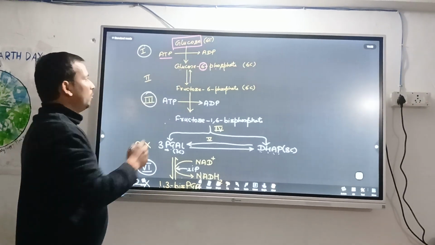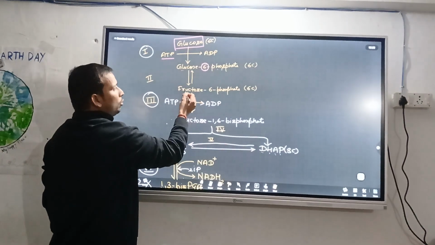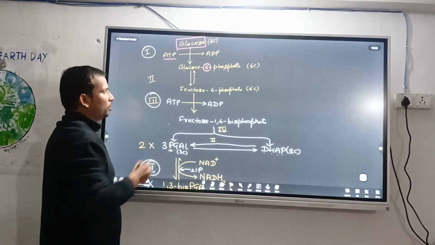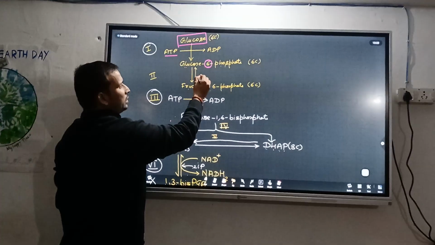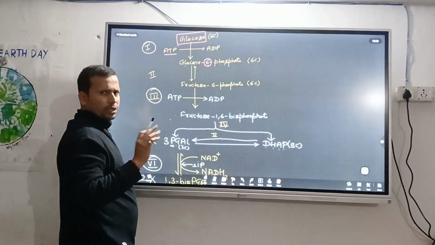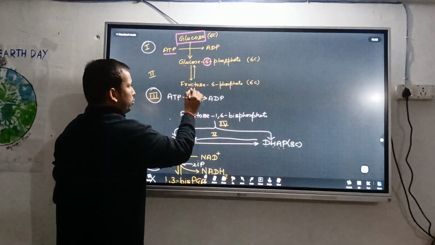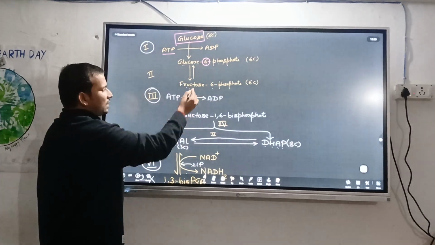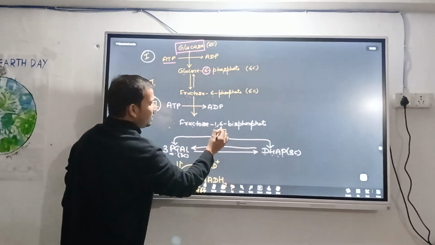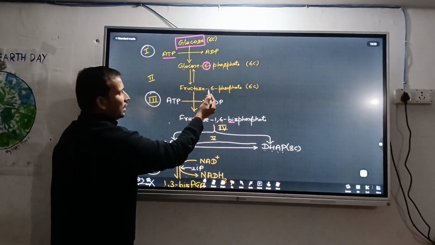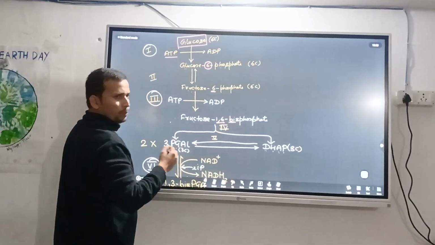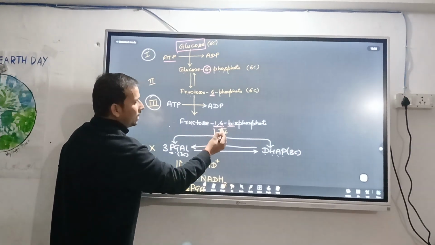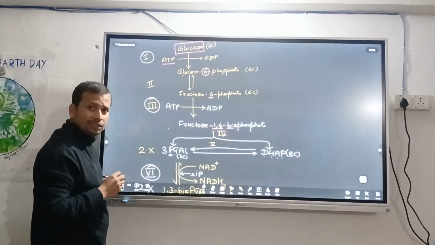Now it is converting into fructose 6 phosphate. Student, it is an isomer, so you can write isomerase enzyme here. Next, fructose 6 phosphate is converting into fructose 1,6-bisphosphate. Earlier 1 phosphate, but now 2 phosphate: one on carbon number 1, other on carbon number 6.